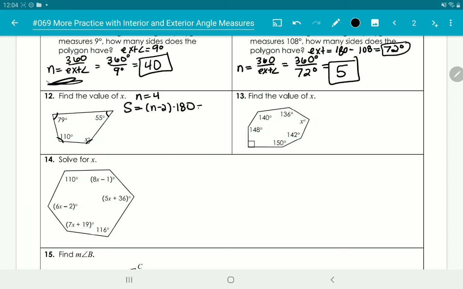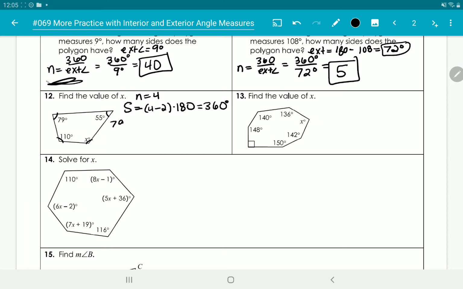Okay, if we plug in that 4, so instead of an n here, we have 4 minus 2 times 180. Type that in a calculator, we're going to get 720. Oh, I'm looking at the wrong one. Sorry. If you type that in here, we're going to get 360. Okay. So all of these are going to add together to get 360.